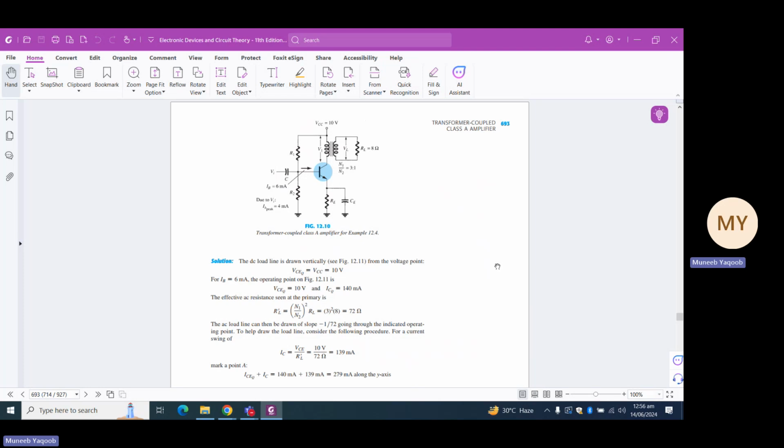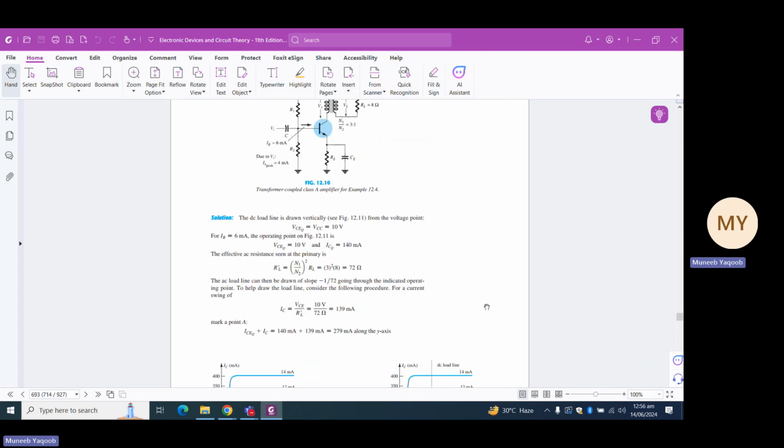Now IC is basically equal to VCE upon RL dash. So VCE is 10 volts because maximum VCE is basically equal to VCC. So IC is VCE upon RL dash, that is 10 upon 72 ohm. Now finally, ICQ plus IC is basically a point that is marked in the graph.